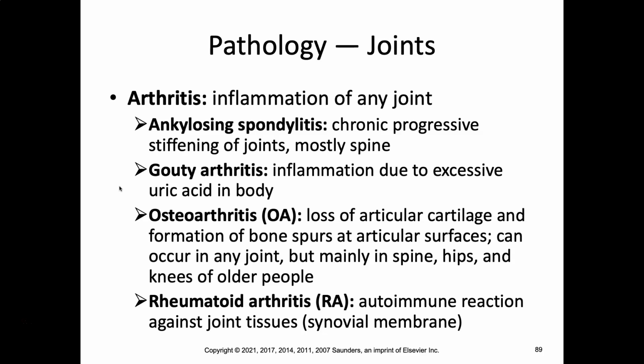Rheumatoid arthritis is an autoimmune disease, and that is where your own body starts reacting against the joint tissues themselves and attacking them. It's a very, very painful condition. It can happen in your 20s or 30s. It can happen later in life, but it's usually, I would say, probably 30s or 40s that it might get diagnosed.